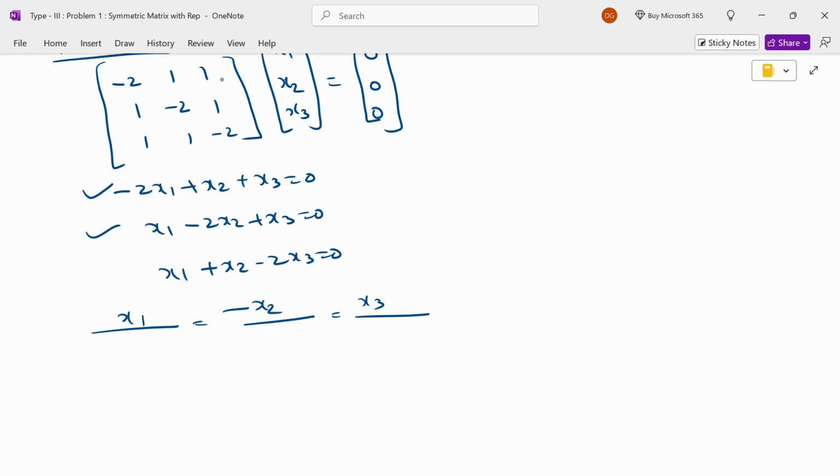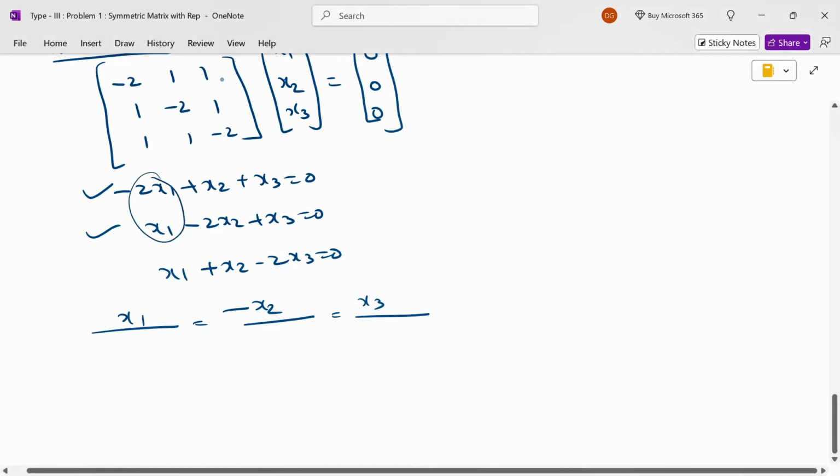Now when I'm choosing x1 here, dropping this part, this is our minor matrix. Therefore 1, 1, minus 2, 1. Then the second, when I'm choosing x2: minus 2, 1, 1, 1. Then the third one, when I'm taking this third one: minus 2, 1, 1, minus 2.